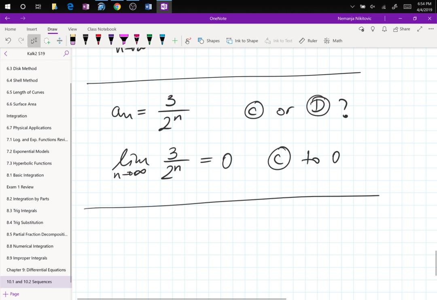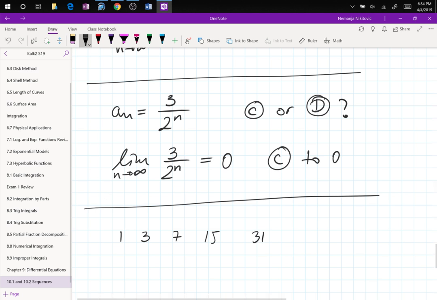Right now it's panic mode because you haven't done this before, which I understand. But as soon as you start hitting these problems and you say, okay, what do I have? I have 1, 3, 7, 15, 31.